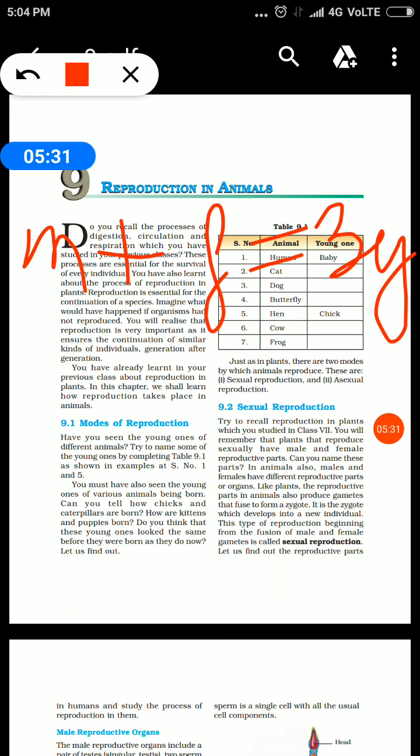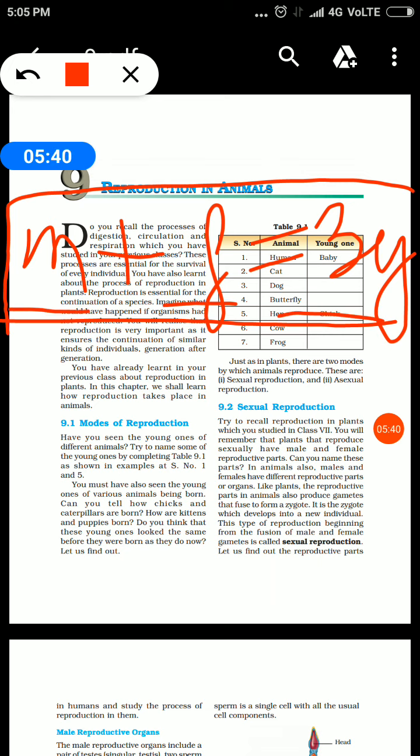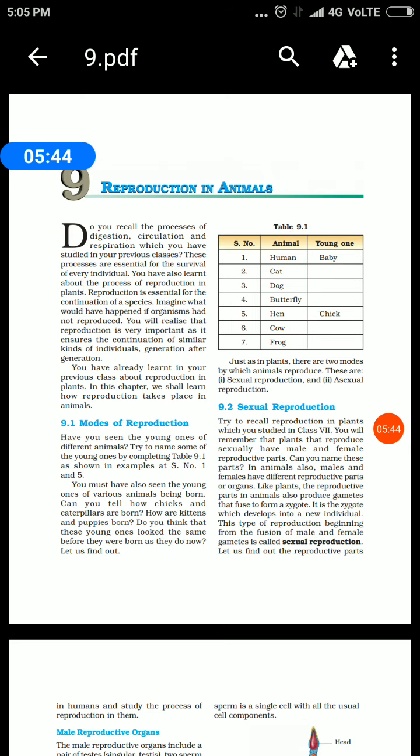I am writing it as zygote. So this forms an equation, to learn what is formed and what is there. So male and female gametes fuse to form a zygote. So this is what is called sexual reproduction.